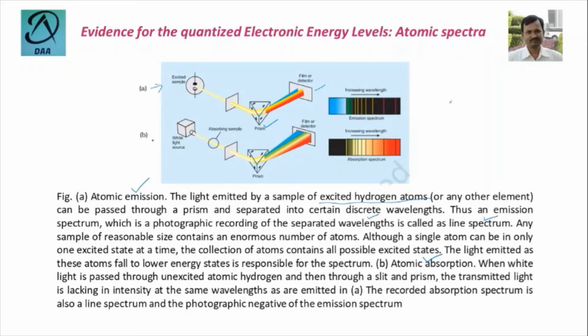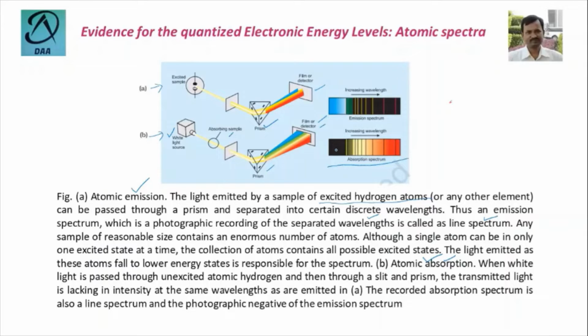For atomic absorption, in figure B, a white light source is there, and this white light is absorbed by the sample, and whatever remaining wavelengths are there go through the prism and are detected on the film or detector, and the spectrum comes like this.